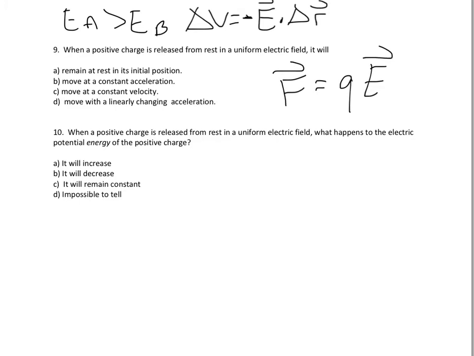So a charge at rest in a uniform electric field will experience a constant force because the field is uniform in space. And since it's positive, the force and the electric field will be in the same direction, so it will start moving, and since it's a constant force, of course it will move with constant acceleration. And the only answer here that has constant acceleration is B.